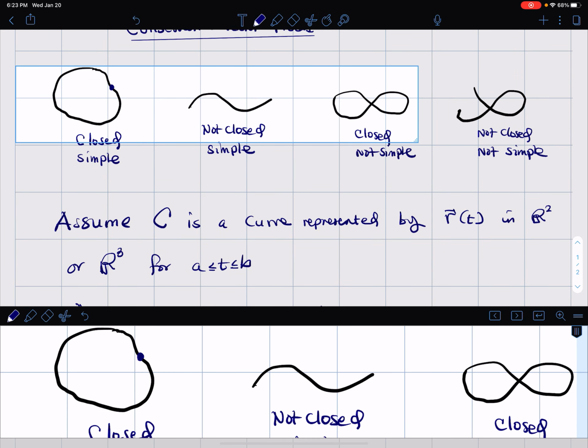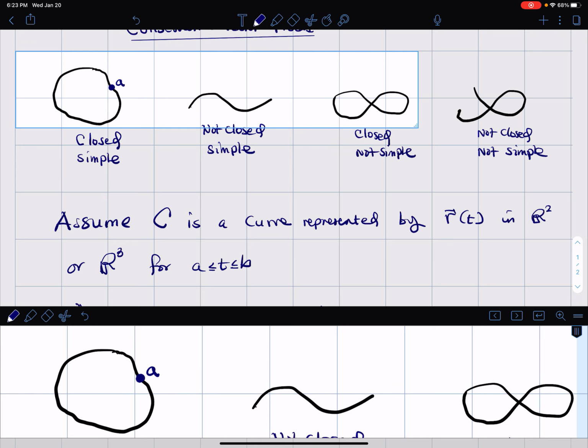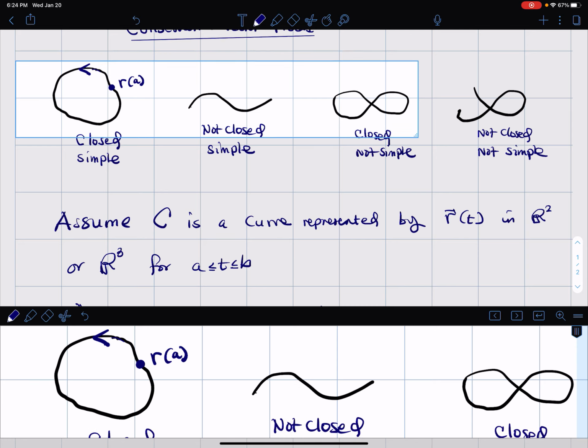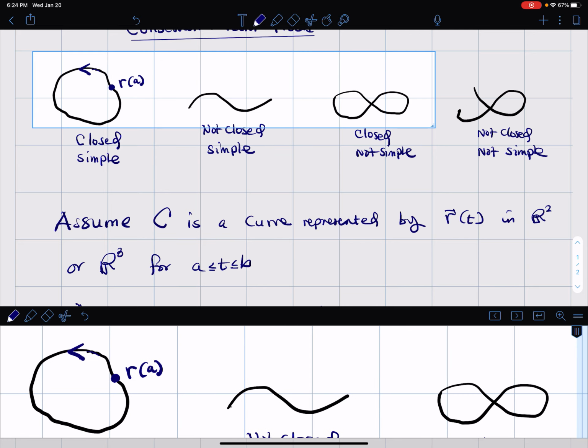If this point is a, and say we have a counterclockwise orientation, if you have the value of a here, then the same value is what you're going to get at b.